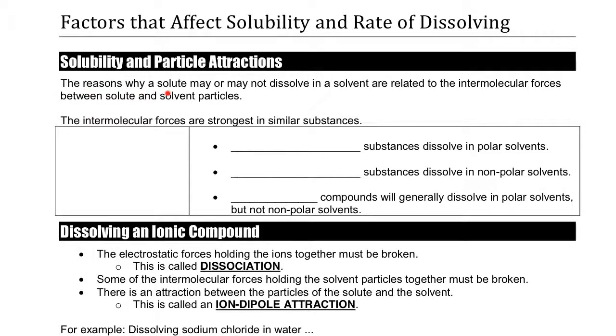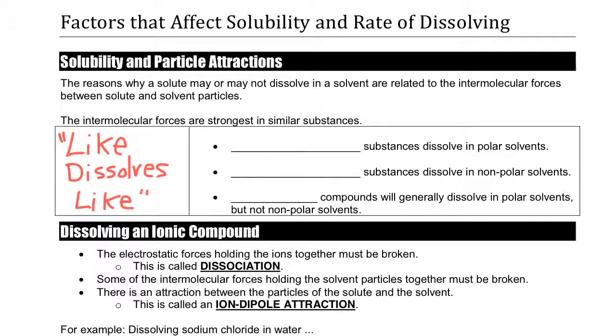The reasons why a solute may or may not dissolve in a solvent are related to the intermolecular forces between the solute and solvent particles. Remember, intermolecular forces are things like ion-dipole attractions, dipole-dipole attractions, hydrogen bonding. The general rule is like dissolves like.